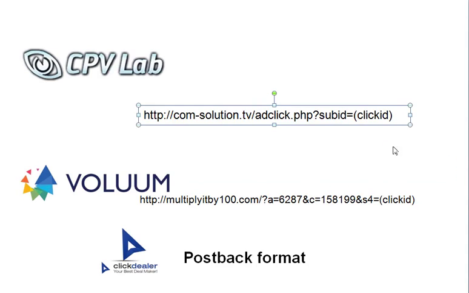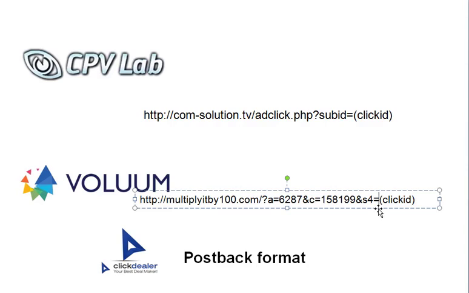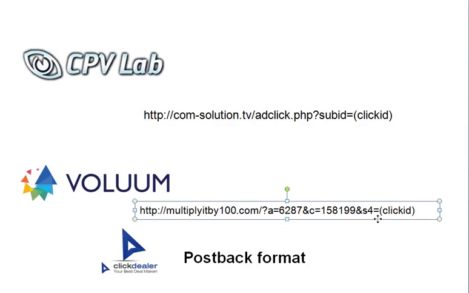We need to post back the unique ID to the tracker so that it knows which unique click had the conversion, right? So this is just a live example of how to set up the tracker when you get it in use.